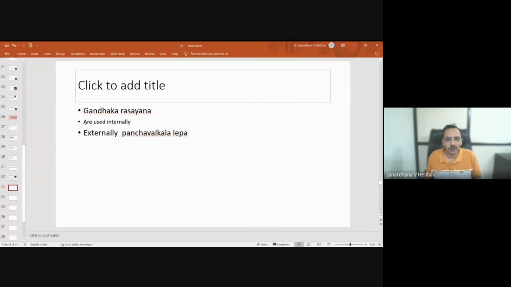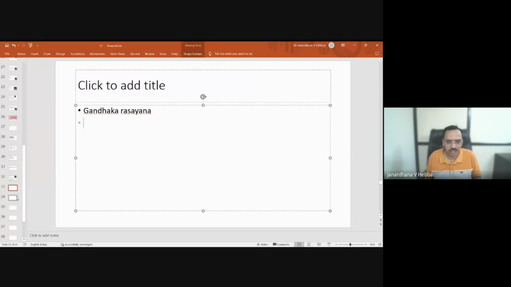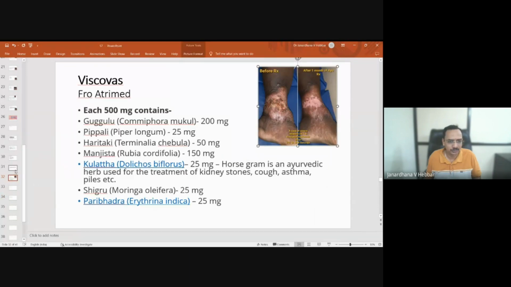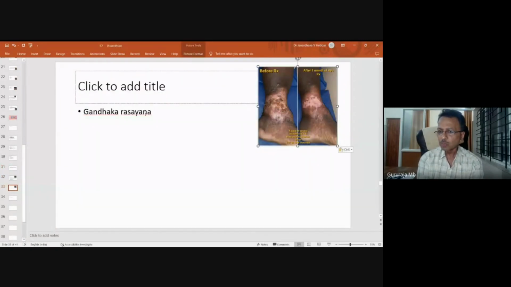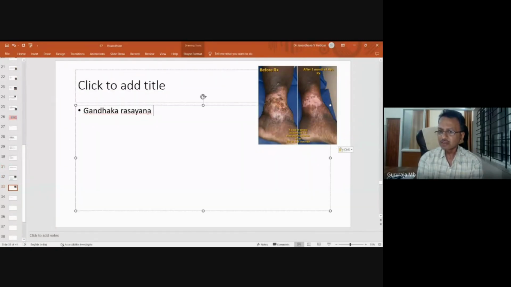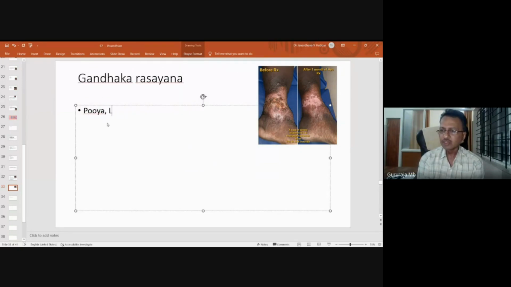Very well. A few words for Gandhaka Rasayana, why it is there in your prescription, sir, please. Gandhaka Rasayana is also one of the important drugs where there is puya, lasika, and this type of kapha, and where there is itching, kandu, and these conditions, which it clearly supports.